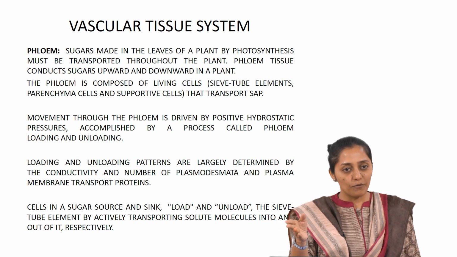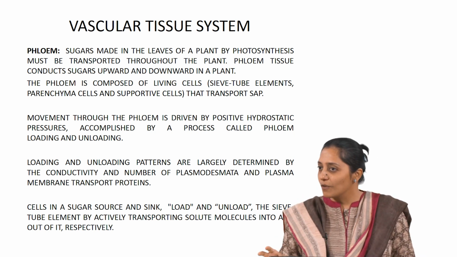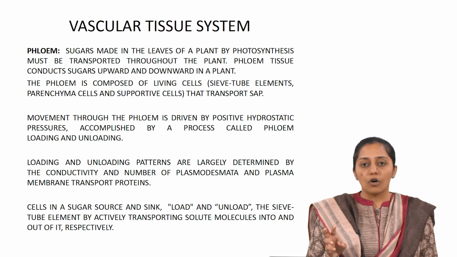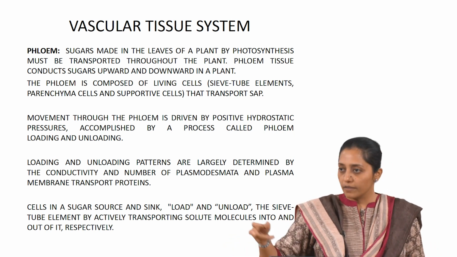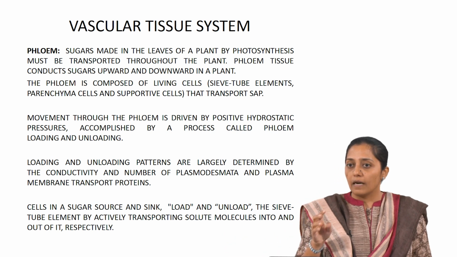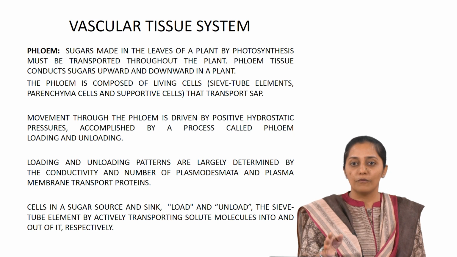So once the water flows, there will be hydrostatic pressure, and then the sugar starts flowing. Now in order to pour it into a sink, even though it is active transport, it is also facilitated by removal of water at the site.